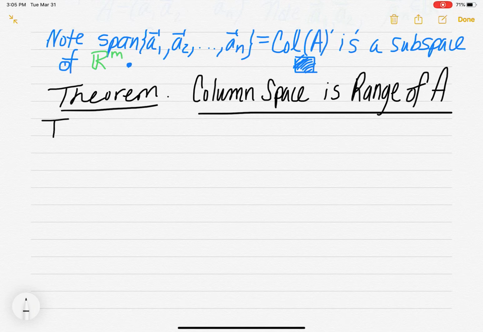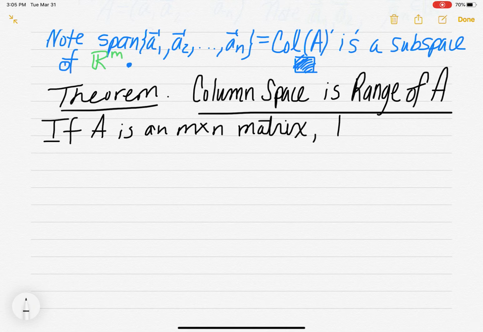So here's the statement: if A is an m by n matrix, then the column space of A, which I write col of A, we said it was the span of the columns of A, but here's another way to write it.